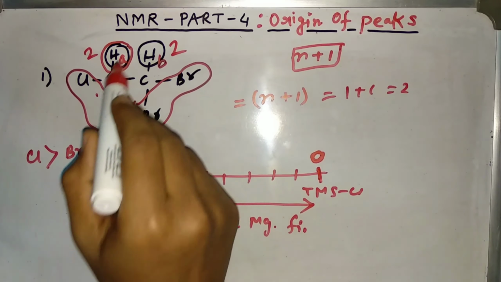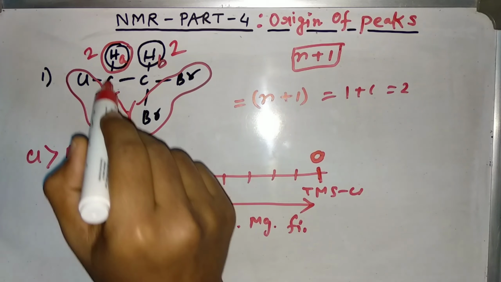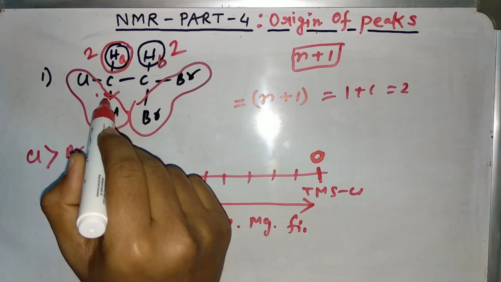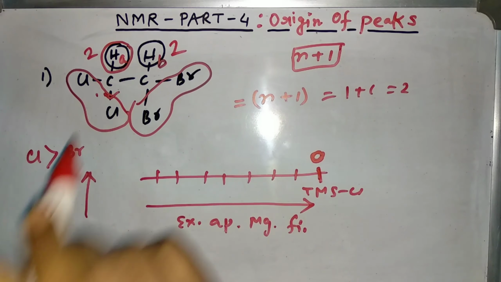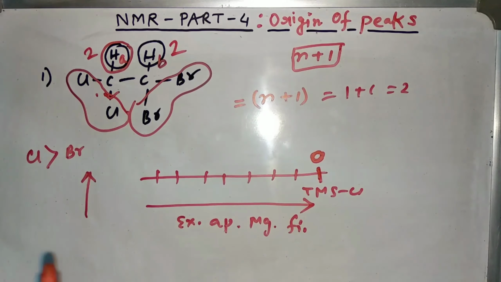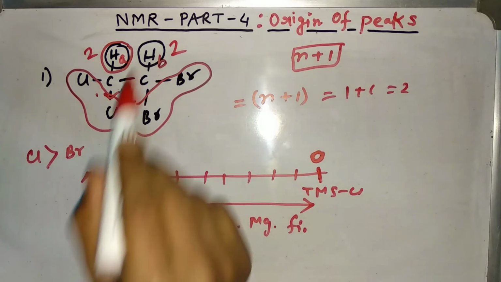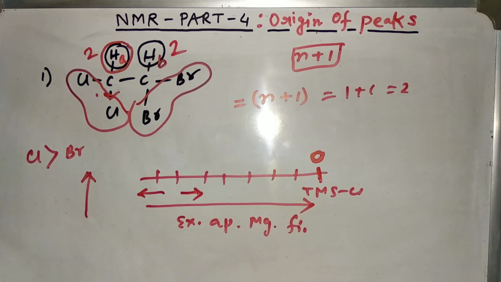So HA is attached to the more electronegative atom, and HB to one less electronegative compared to Cl. So HA will resonate fast and appear in the lower field region, this way, while HB will appear slightly this way, because the electronegativity difference is not that much.